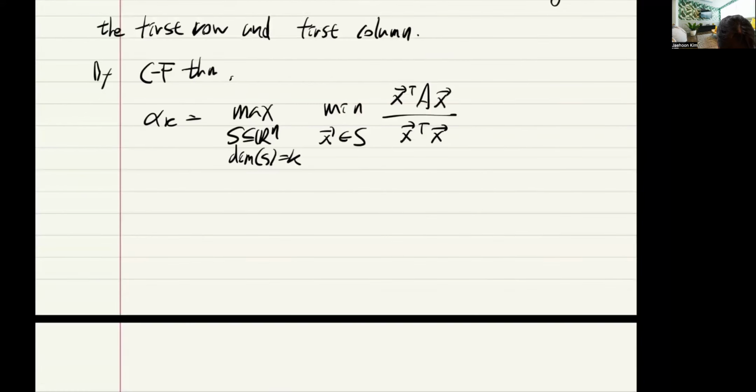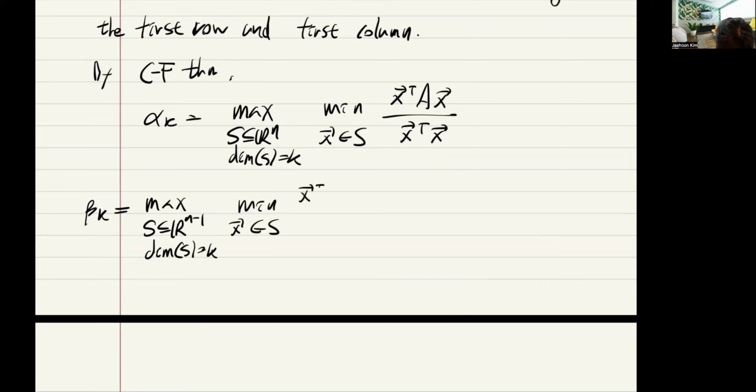And what do we have? The beta k. You do the same thing, but now you take this subspace in a subset of R to the n-1 with dimension k, and you take again the minimum of all these ones in here, and you compute the Rayleigh quotient of B.